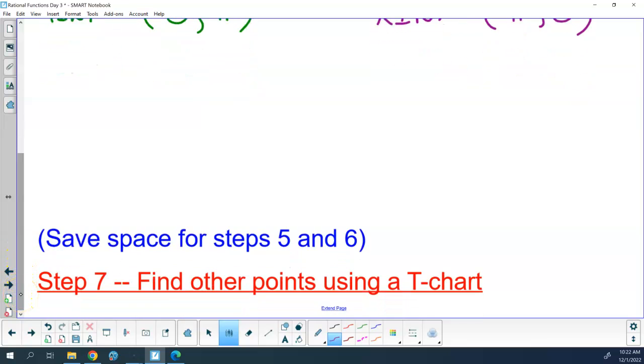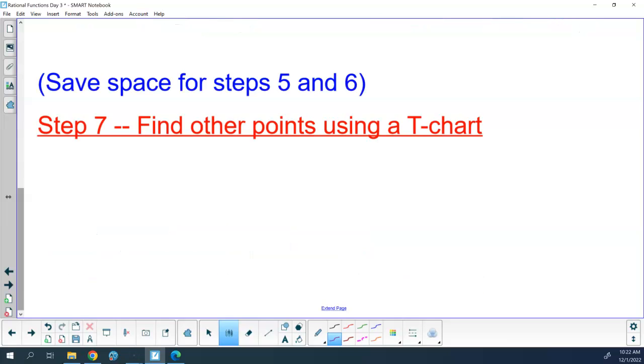Step 7 says that we're just going to flat out find some more points using a t-chart. Really not much to explain. You're going to pick x values, and you're going to plug those values into your function, and you're going to just get out the y values, the value of the function at that x.